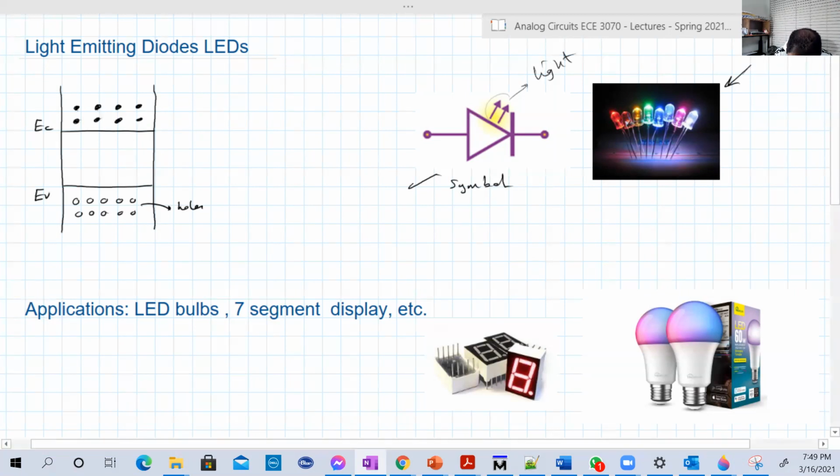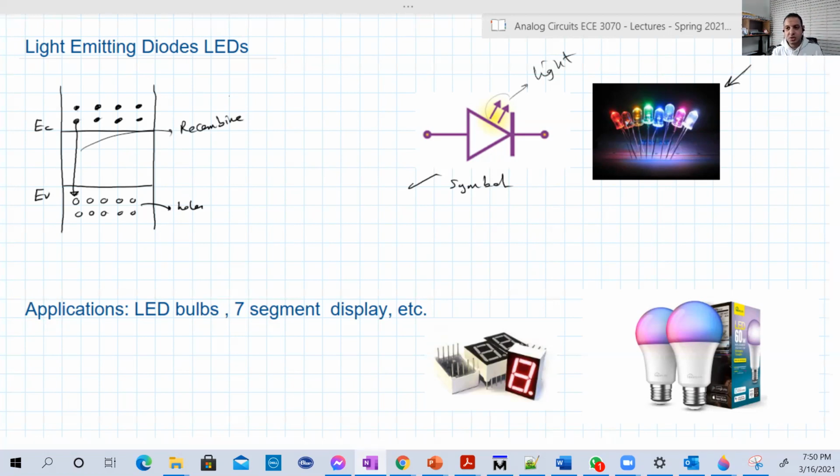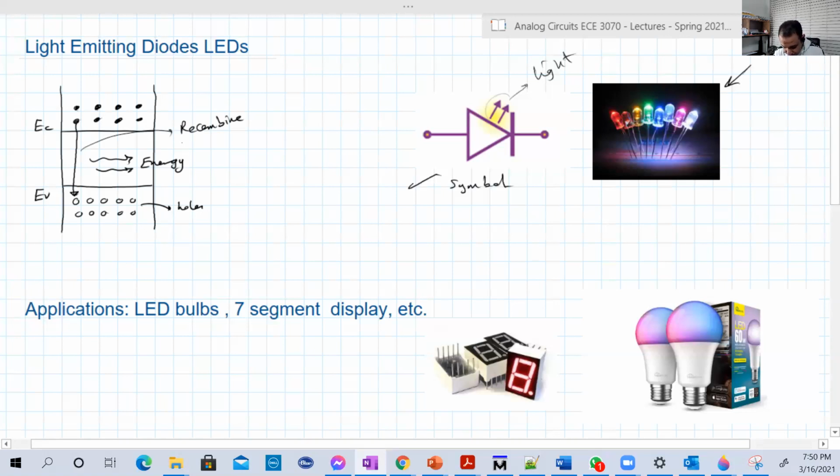When it goes back to the valence band after this lifetime, this operation is called recombination, meaning the recombining of the electron with a hole. This recombination process results in some energy. Energy has many forms.